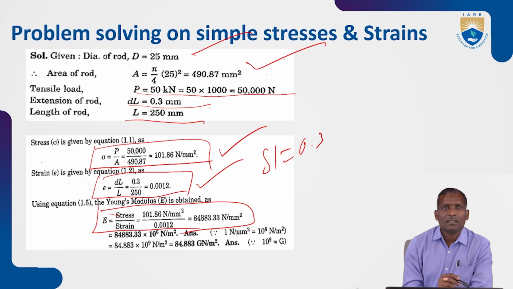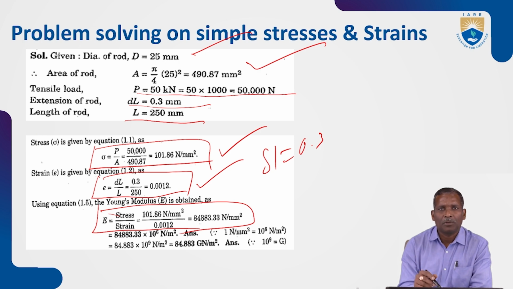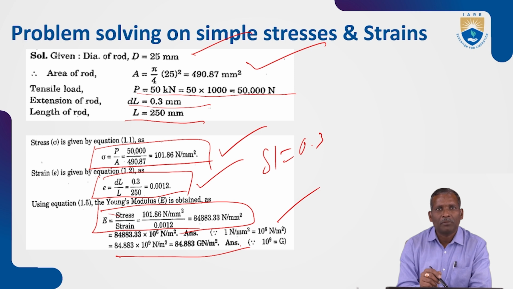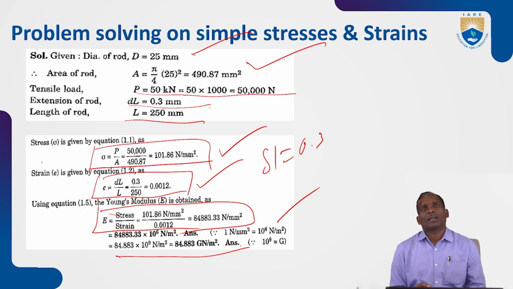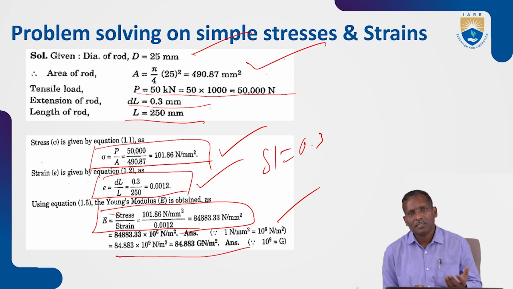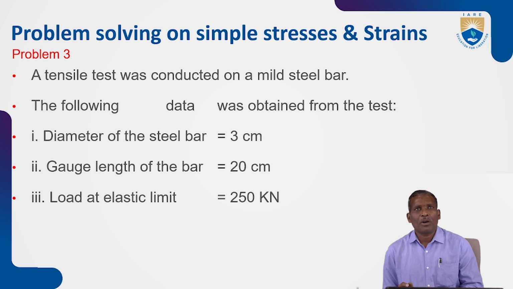We will get the answer in Newton per mm square, convert into Newton per meter square. 1 Newton per mm square is equal to 10 to the power of 6 Newton per meter square, and then again convert into giganewton per meter square. So finally we will get 84.883 giganewton per meter square. This is another approach for calculating Young's modulus. Next, problem 3.